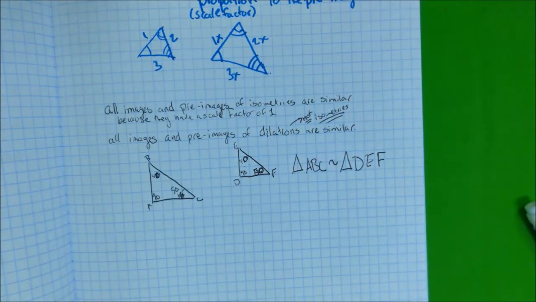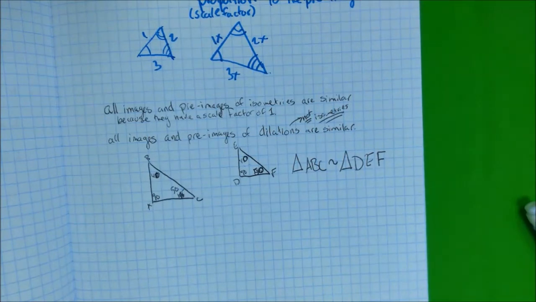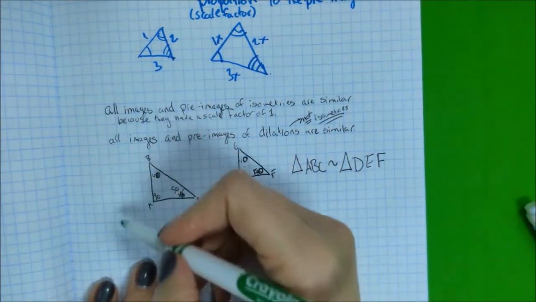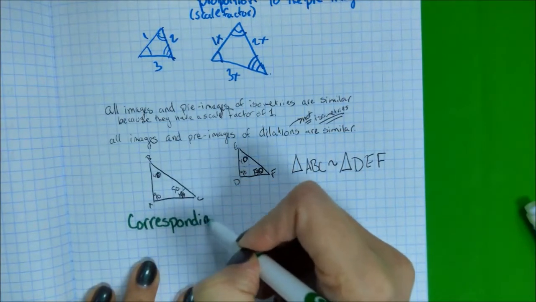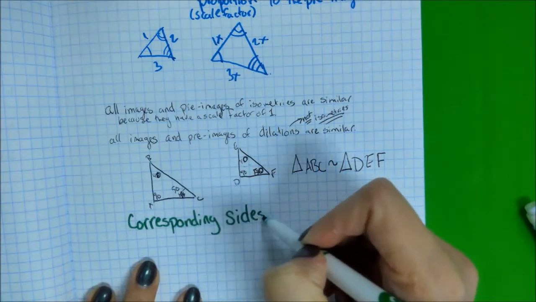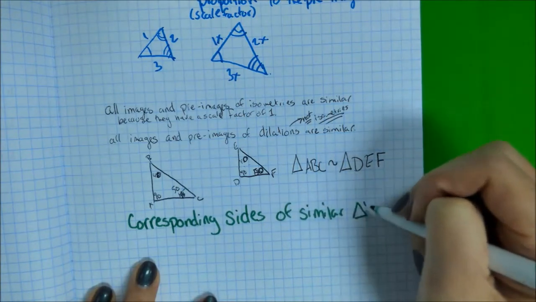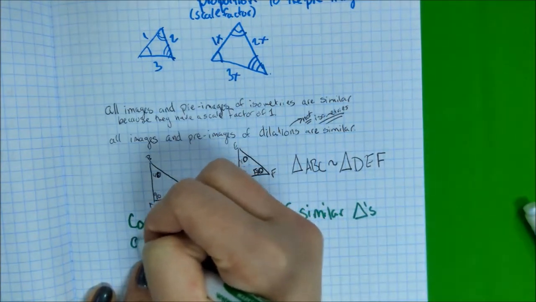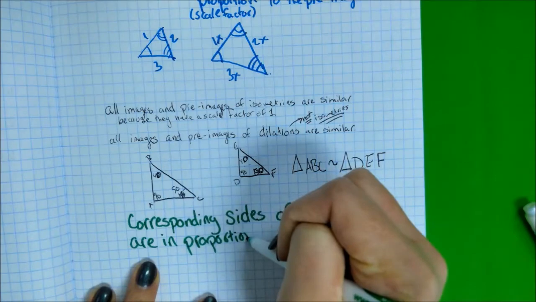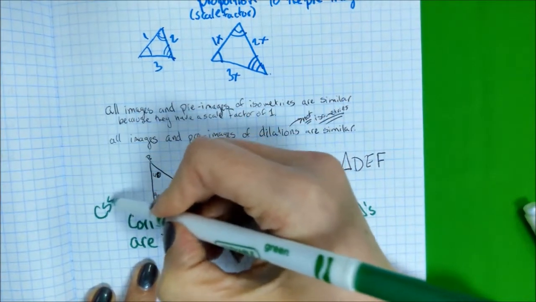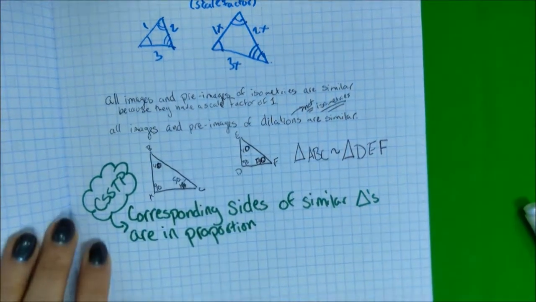Okay? And this is our next big theorem. Our next big theorem says that from the similarity statement, I can find two things. Well, one of them is this, that corresponding sides of similar triangles are in proportion. That's CSSTP. Okay.